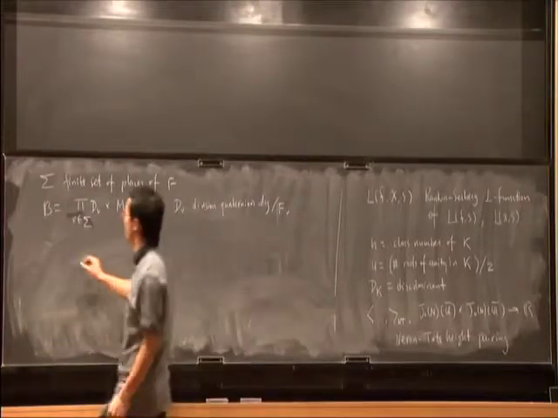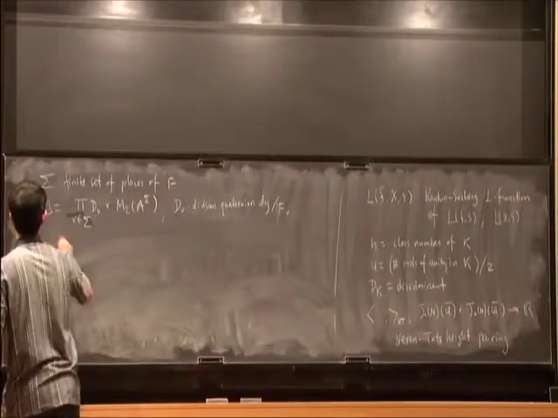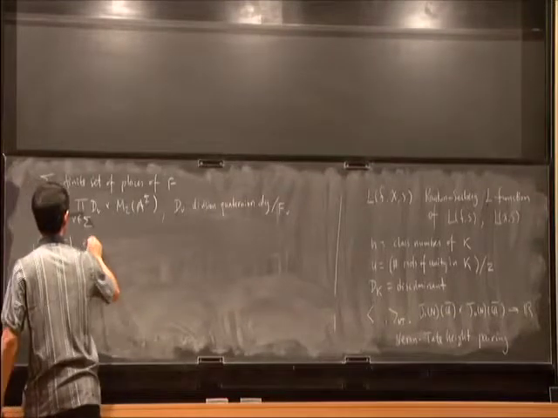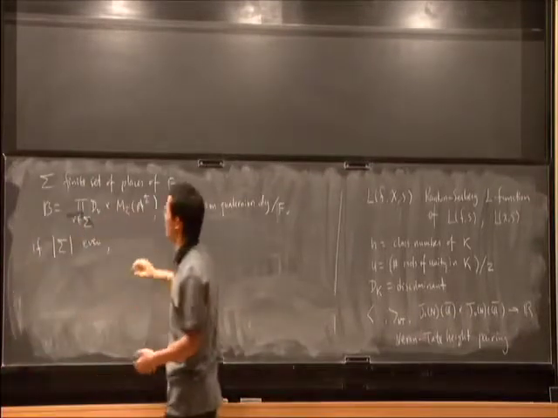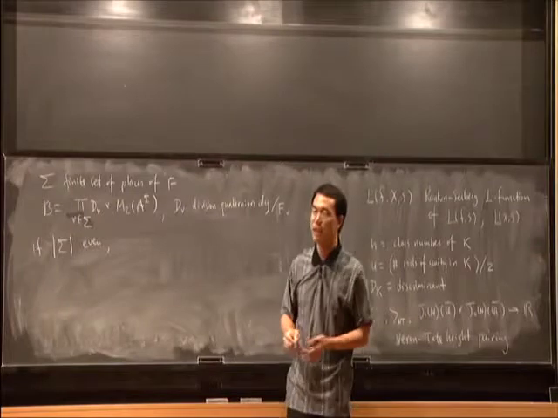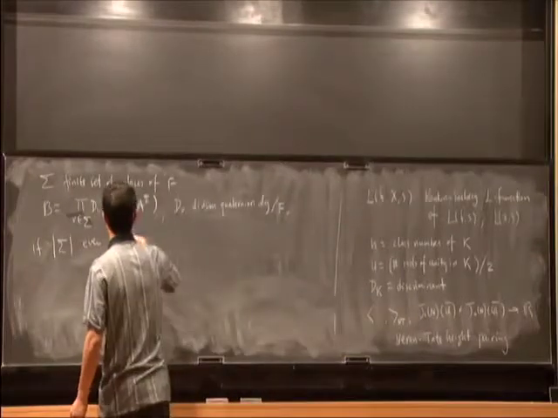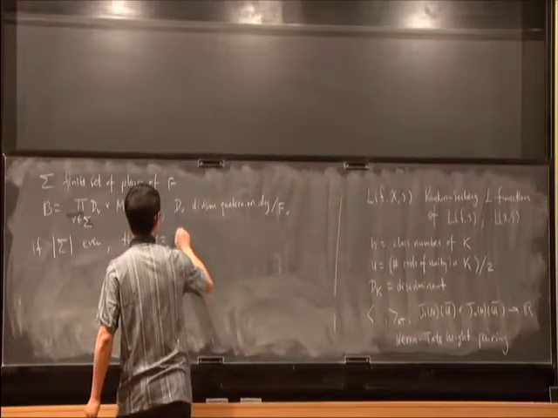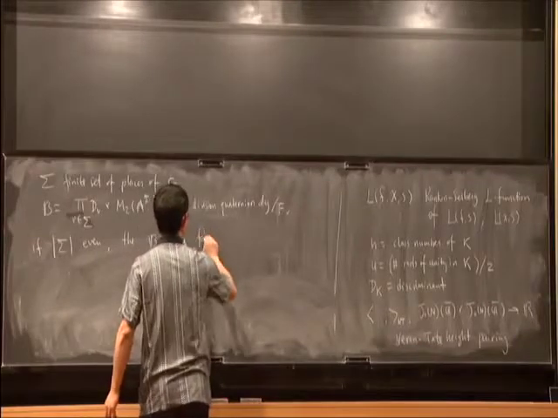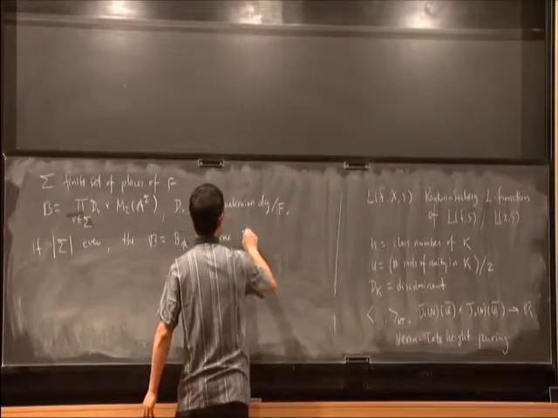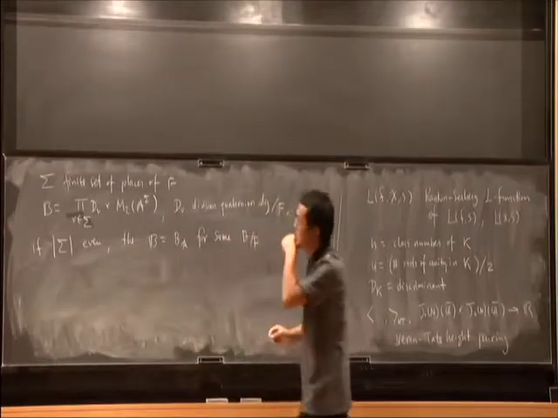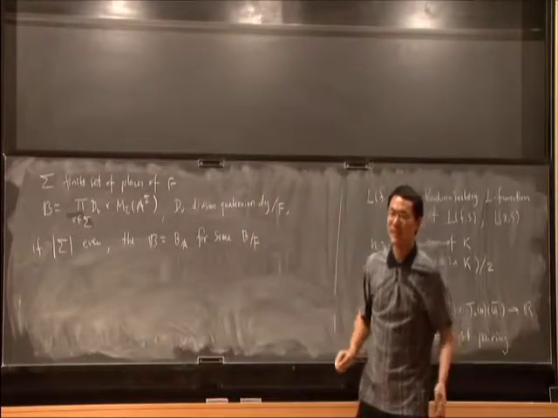So now, if the cardinality of sigma is even, then we can find a quaternion algebra over F. Then this B really equals B_A for some quaternion algebra B over F. But if sigma is odd, then we don't have such a thing.